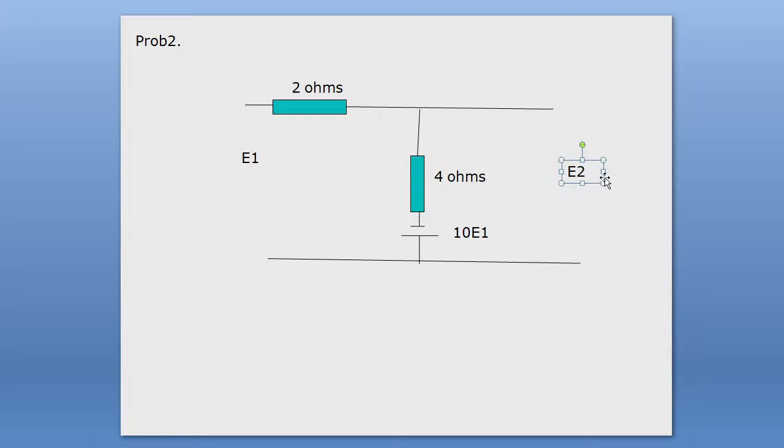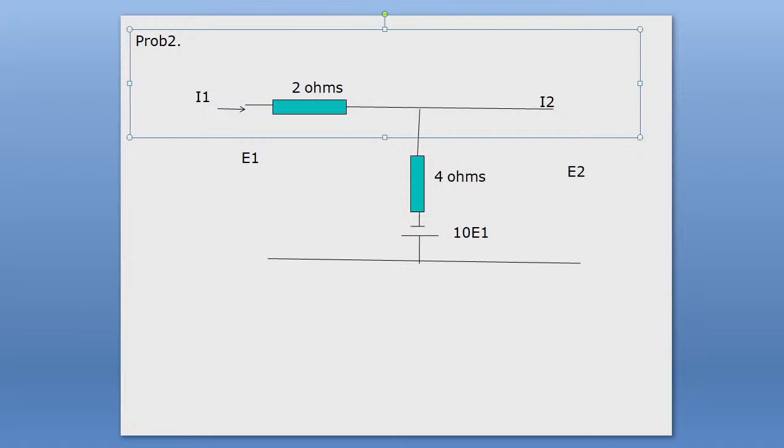Everyone consider it. This current is I1, and the port 2 current is I2. Okay, both currents are entering into the circuit. You just make an arrow entering into the circuit.